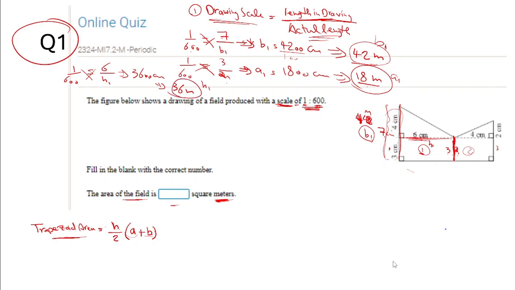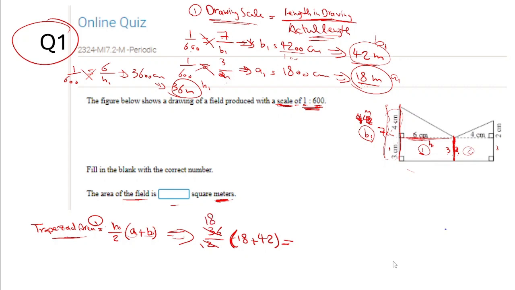So let's apply it here. So this trapezoid area, unless we know the equation, we'll make trapezoid 1. So put 1, 1 here. So let's substitute. So H1 is 36, divide by 2, A equal 18 plus 42. So by 2 equal 1, but by 2 here equal 18.